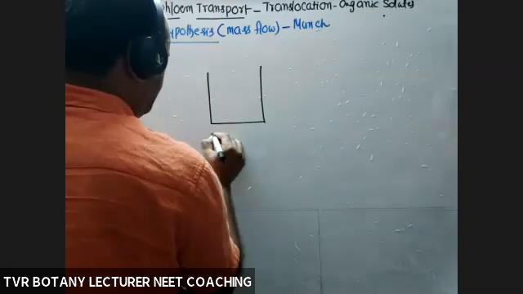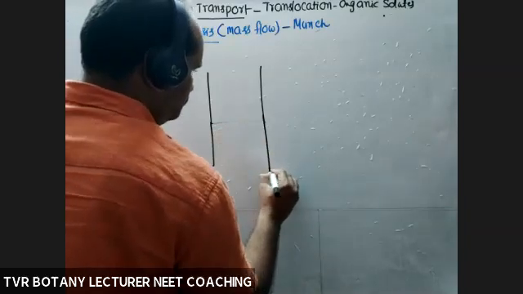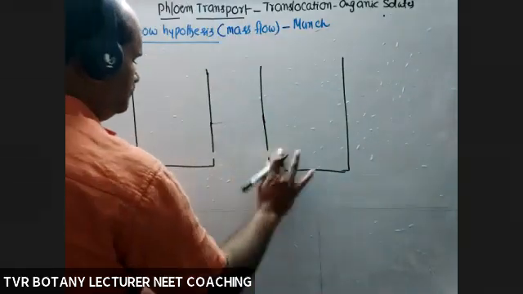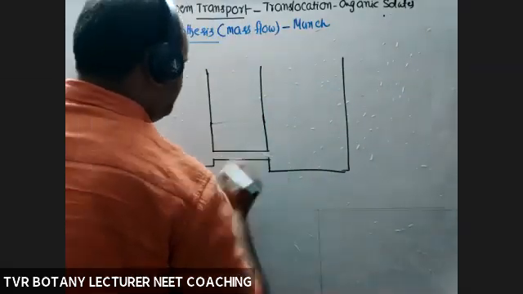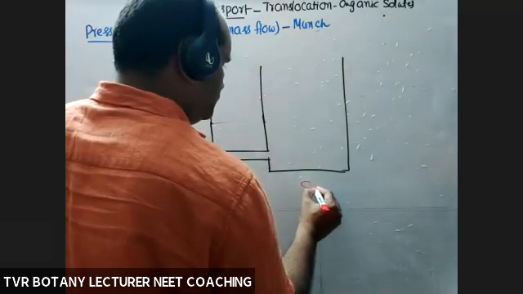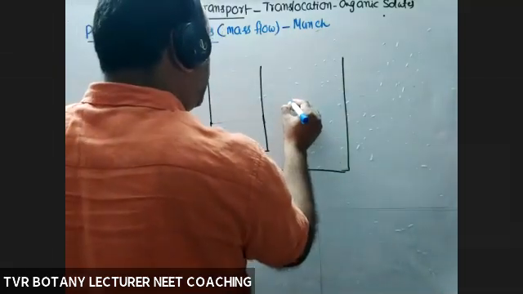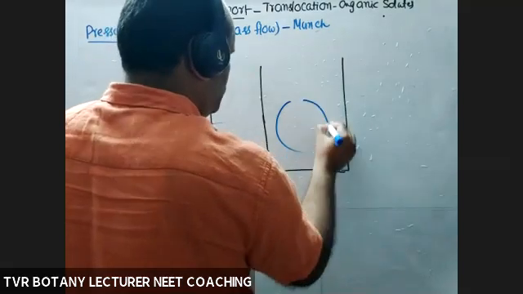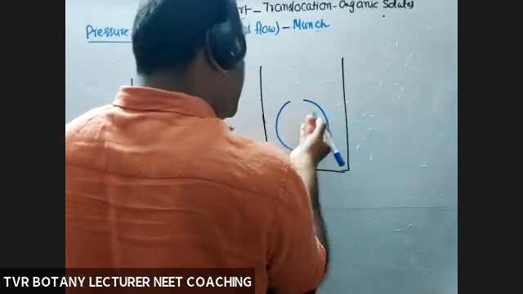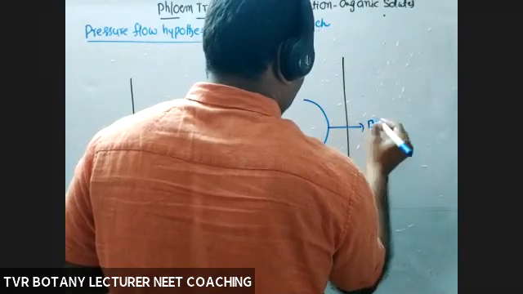Two beakers are there, and these two are connected. So this one is a source. I'm taking this one, the A part, or you may take the B part also.